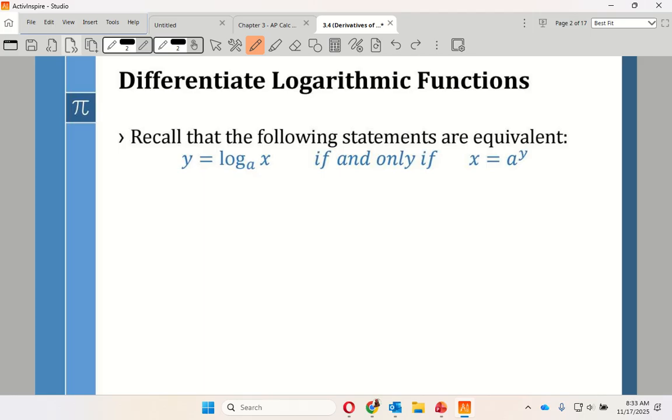So you could turn an exponential function into a logarithm or vice versa, because everything in math has an operation that will undo it. So those things will undo each other.